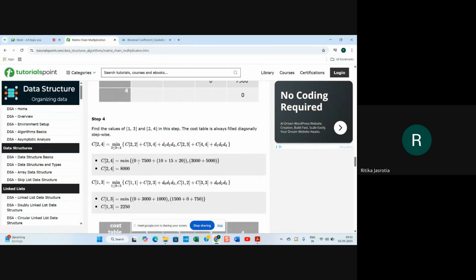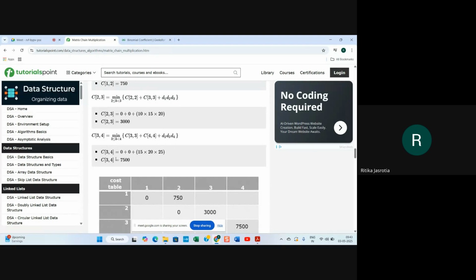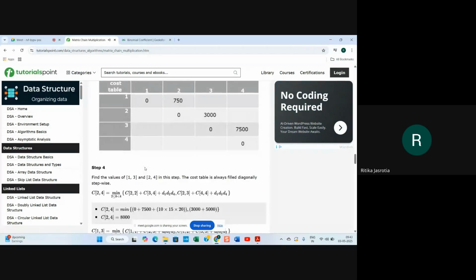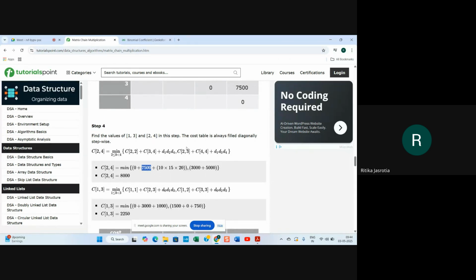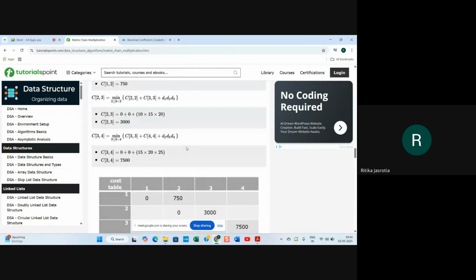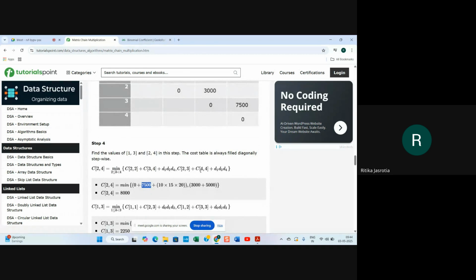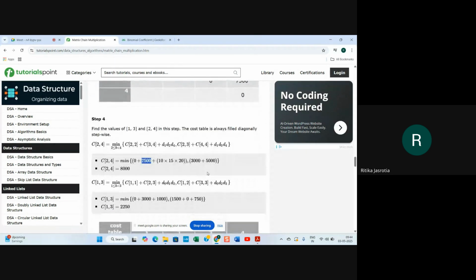So for 2 4, this is 0, and 3 4 we have calculated, 3 4 is 7,500. So you keep 7,500 plus D1, D2, D4, which are 10 into 15 into 20. Now C23 is 3,000 plus C44 is 0, and plus D1, D3, D4.